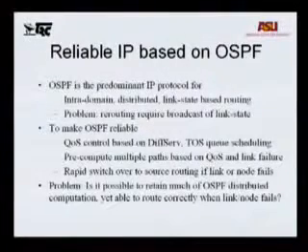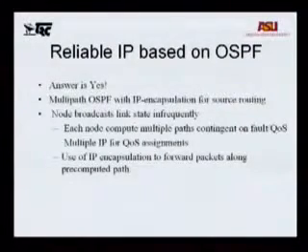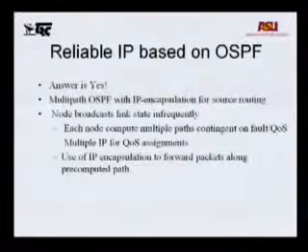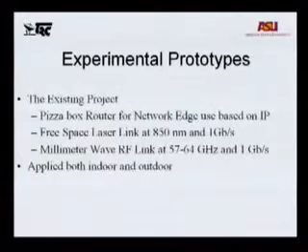So by doing multiple encapsulation, effectively you're doing source routing. Okay, so the answer is yes. Multiple path OSPF is IP encapsulation for source routing. The nodes broadcast link state infrequently. Each node computes multiple paths contingent on fault and QoS, with multiple IP for QoS assignments, and uses IP encapsulation to forward packets along pre-computed pathways.